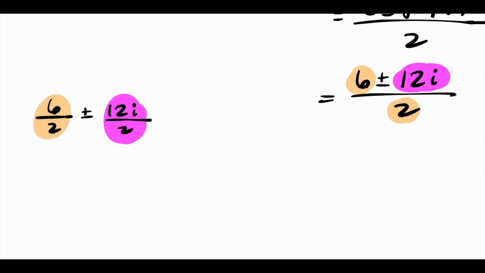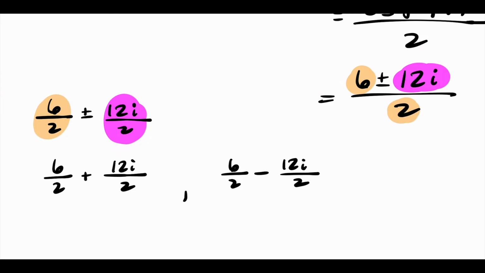This part is my imaginary part. They're separated now. You can split them up even further because you can give one a plus and one a minus.